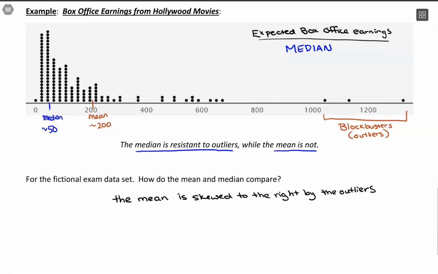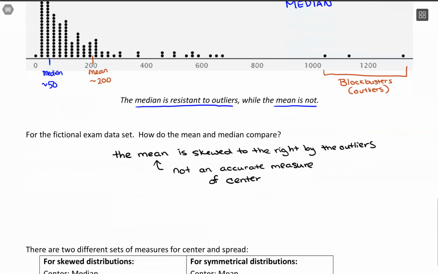And with that, when our mean is skewed, it makes it not an accurate measure of center. Instead, the median is what we'd want to use. So what this leads us to is that if we know the shape of the data, what measure of center do we want to use for expected value?